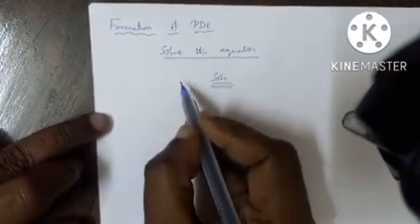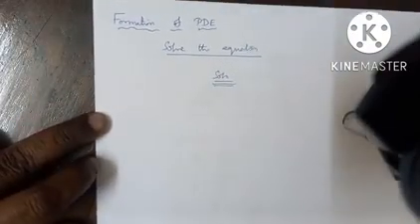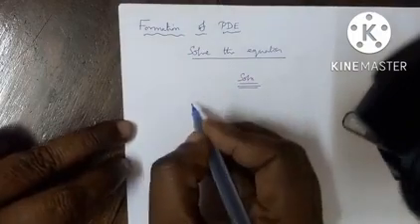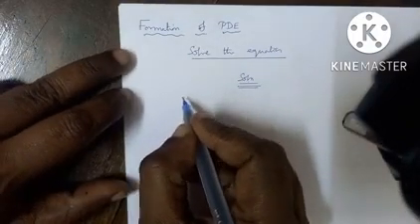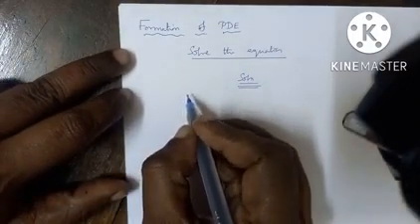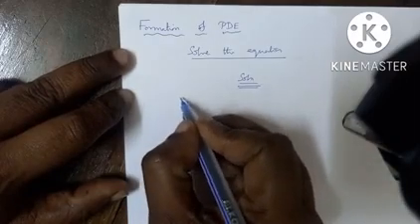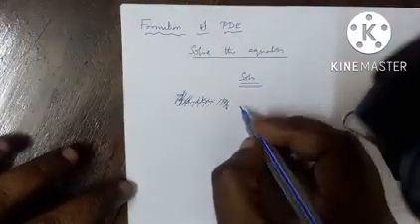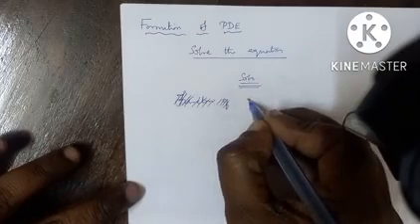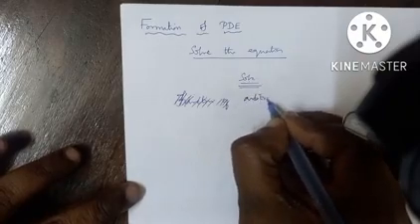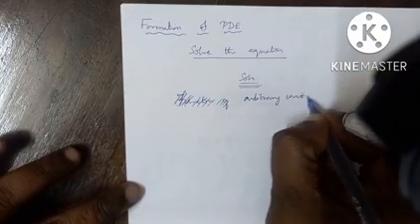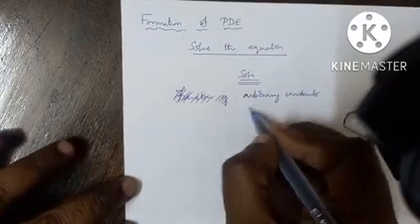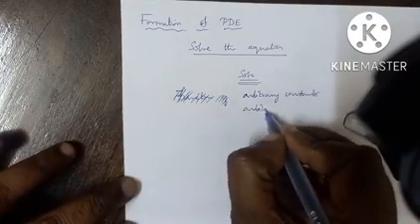So why is this heading here? In order to know that there are two types of solutions available. One is solution with arbitrary constants, and another one is solution with arbitrary functions.